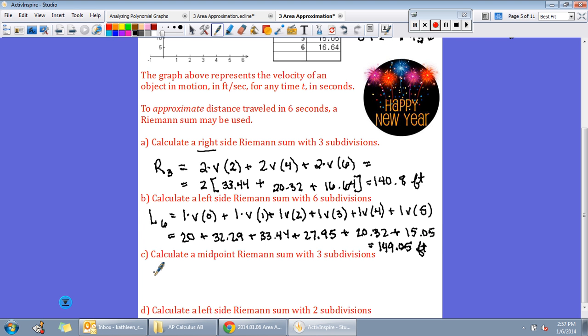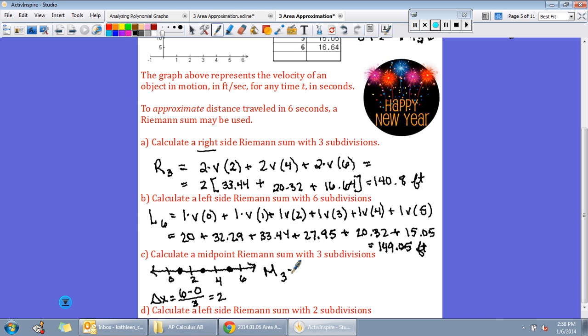Okay. A midpoint is possibly the hardest to come up with the x values. On an interval from 0 to 6, with 3 subdivisions, we have 6 minus 0 divided by 3, so our delta x is 2. So on each of these subintervals, we need to come up with the midpoint x value to do our Riemann sum.